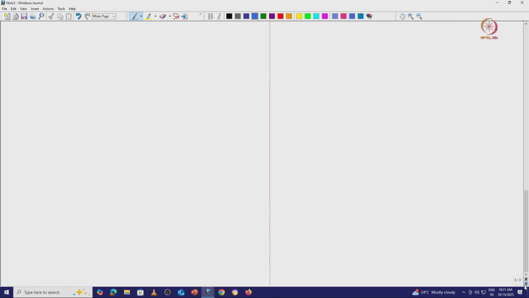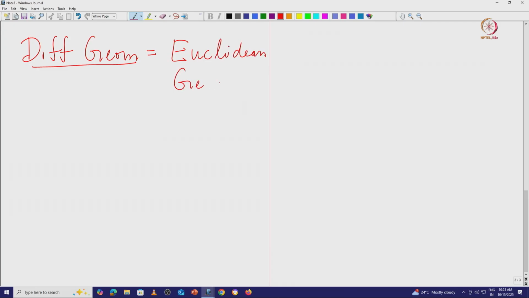If I were to sum up differential geometry on abstract manifolds in one sentence, it would basically be this: that differential geometry is just Euclidean geometry plus lower order terms.